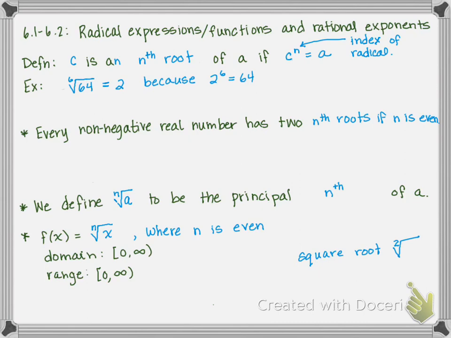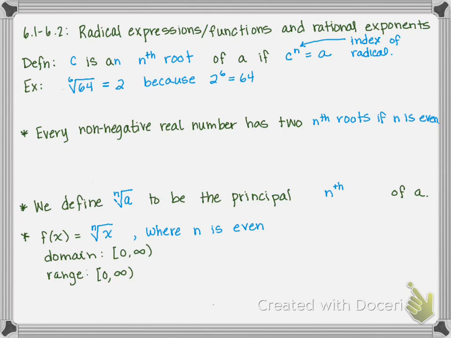Because the square root is the most common one that we use, we don't write the little 2 for square roots. So if there's no index written, then we assume that it's an index of 2. I mean, you could write the index if you wanted to. It's just convention not to.